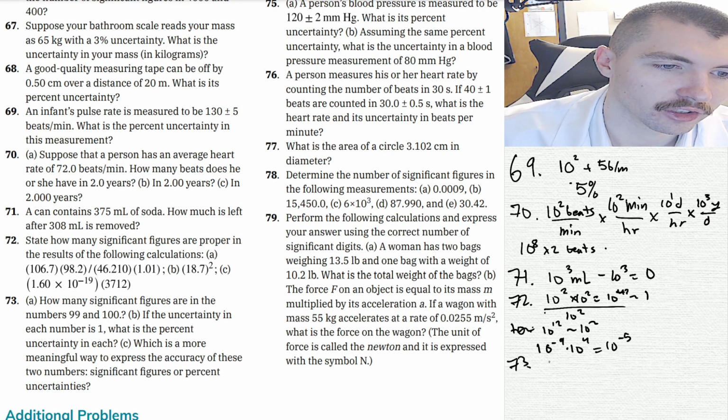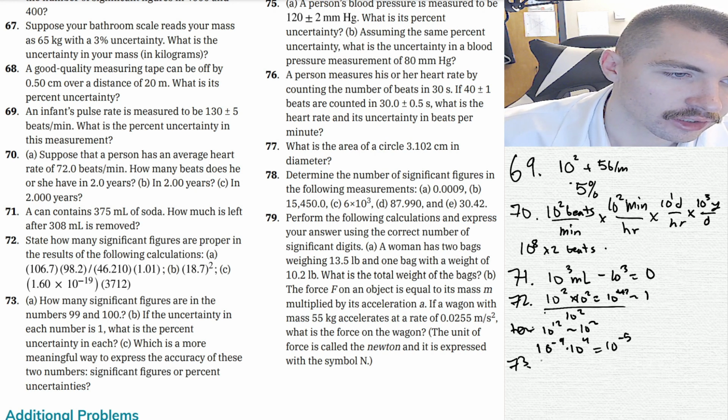How many significant figures are in the numbers 99 and 100? So that's 2 significant figures and 3 significant figures. Or I could say 1, because it's 1 times 10 to the 2.